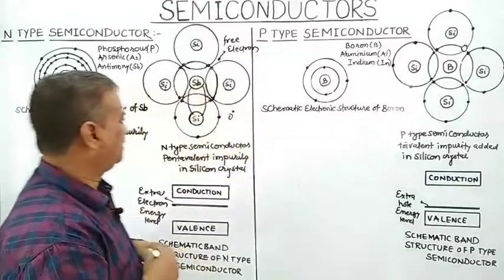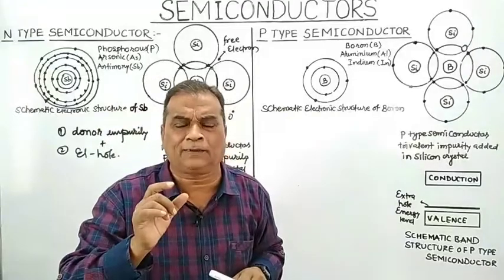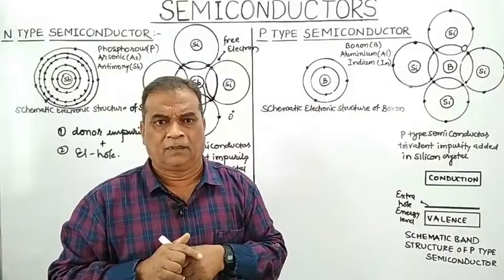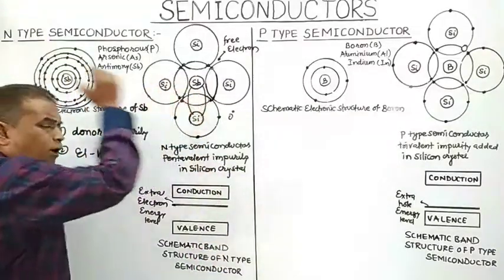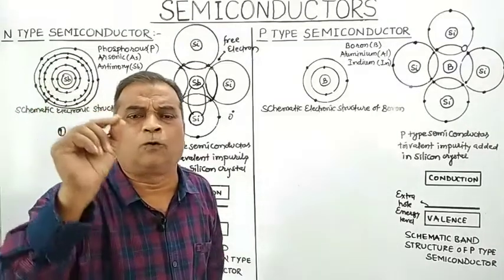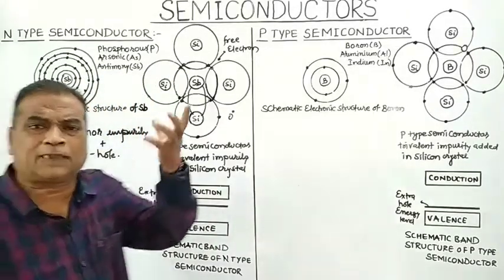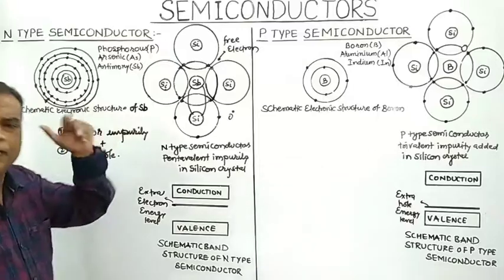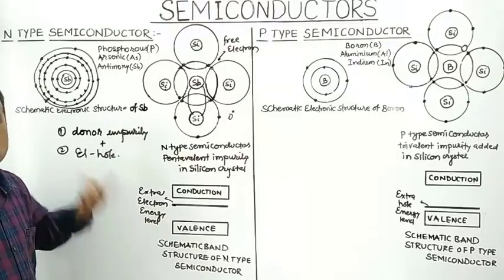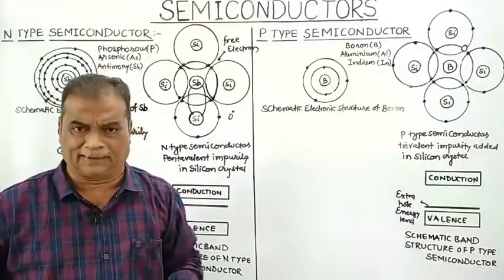But at room temperature, a few of the covalent bonds will be broken as they receive thermal energy, and they create electron hole pairs. This means that in addition to the free electrons from donor impurity atoms, we also have free electrons due to the breakdown of a few covalent bonds by thermal agitation.